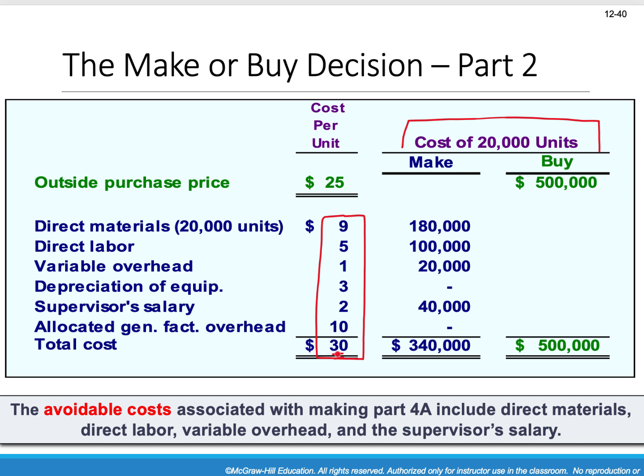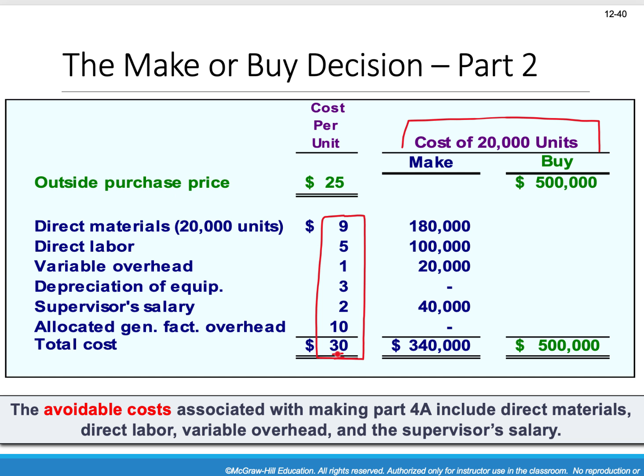Okay, the supplier says, we'll sell to you for $25 a piece. Right off the bat, 25 is cheaper than the $30 that it costs us. So right off the bat, hey, yeah, we should take that deal, just solely based on the cost per unit.